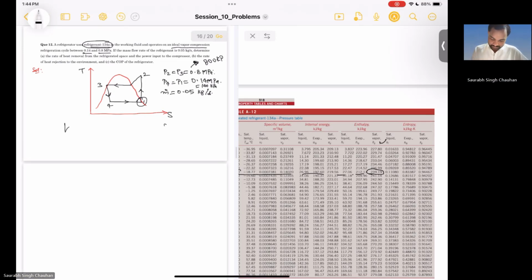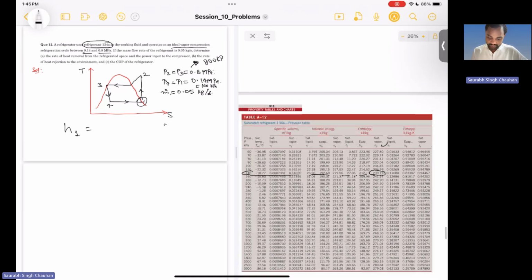Okay, so H1, which is basically the enthalpy of saturated gas at the corresponding pressure of 0.14 megapascal, is given to be 239.19 kilojoule per kg.